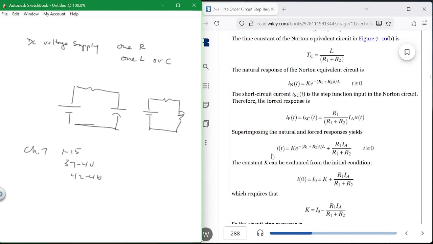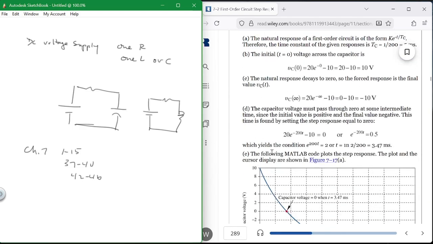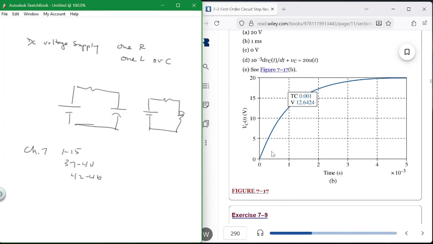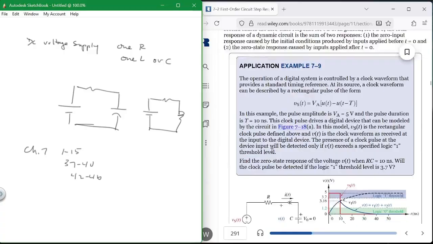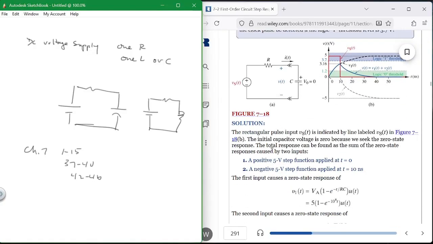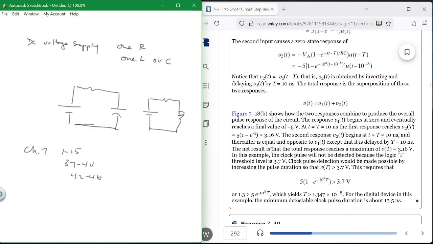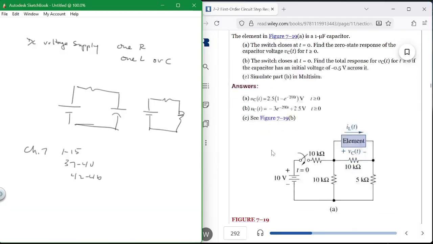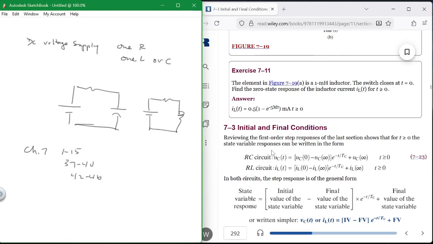So we're going through chapter 7, and when I say it gets harder, I don't mean really, it doesn't get a lot harder because we use Laplace, and if you've done Laplace before, we don't do anything new. We're doing the same thing that we did in EET 4450.